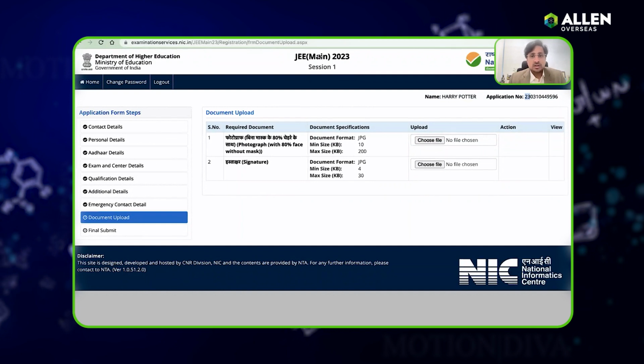So I'm stopping to share the screen here, and this is how all the details will be going. So this is how the entire form filling will be happening. Any other detail you require, download the Sandesh app.